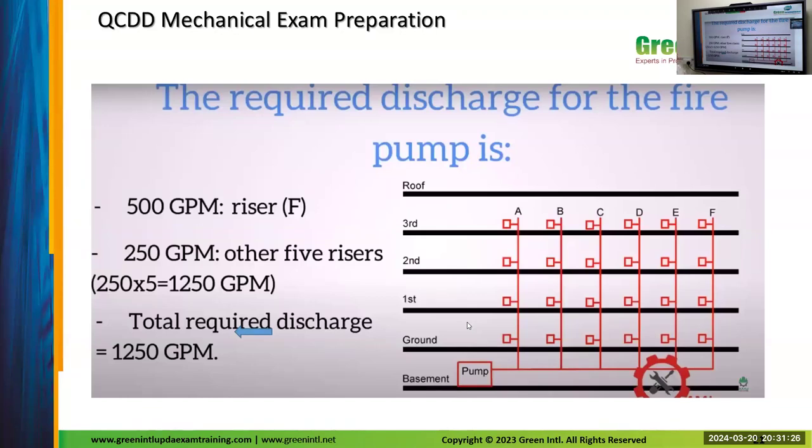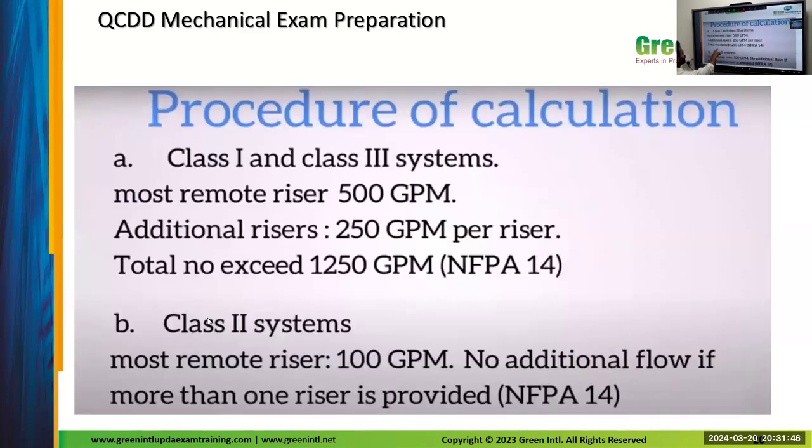Not matching, because of the 250 GPM for the other 5 risers. Other 5 risers means A up to E, right? 1, 2, 3, 4, 5. For 5 it is 1250 for the additional risers. The total number should not exceed 1250, including this 500.